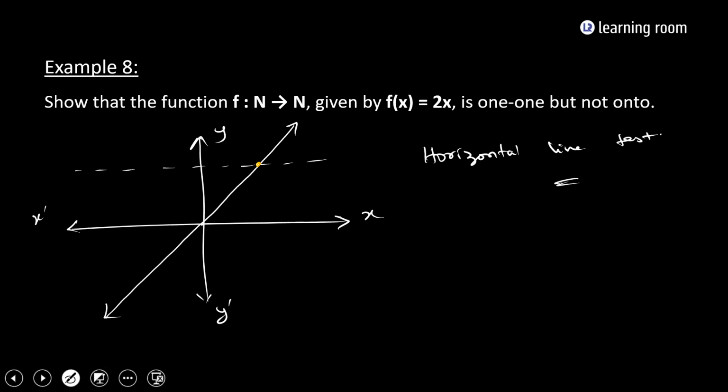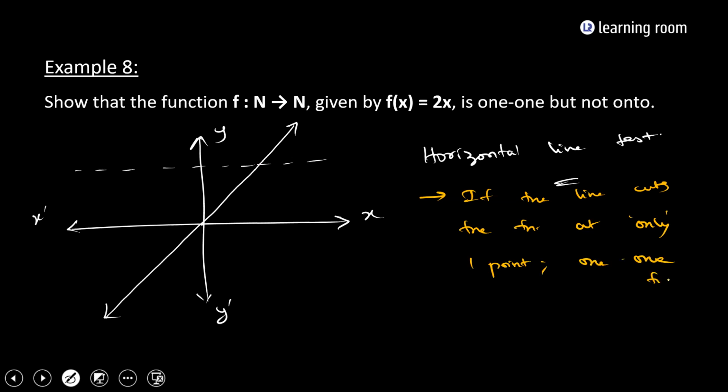One-one. It's a one-one function. So in the horizontal line test, if the line cuts the function at only one point, it becomes a one-one function. Okay. So this is not a very big thing. This is not what I wanted to share here.